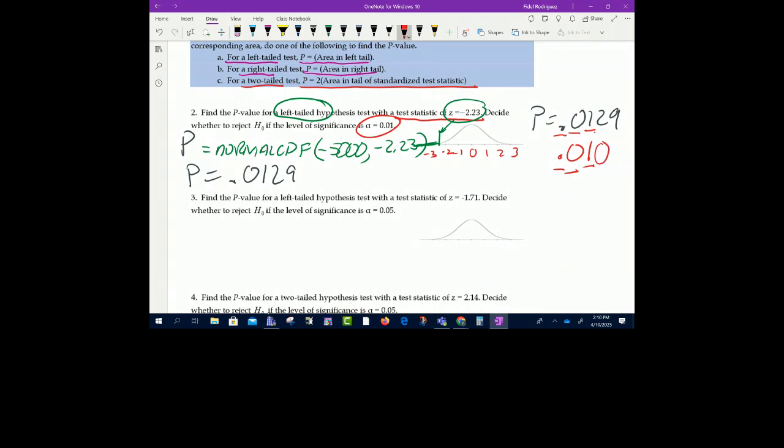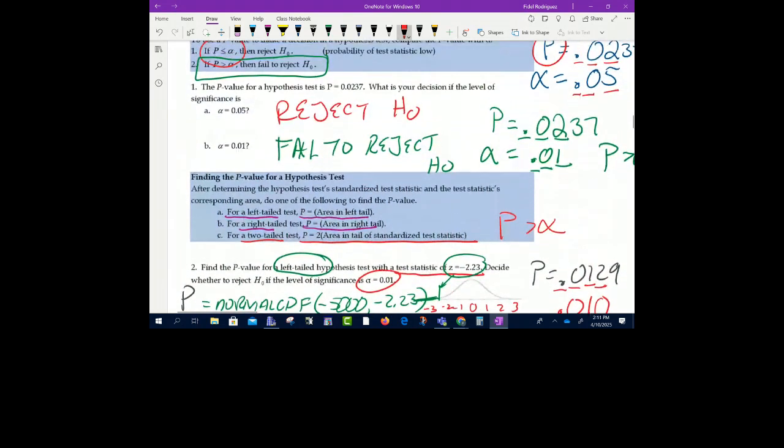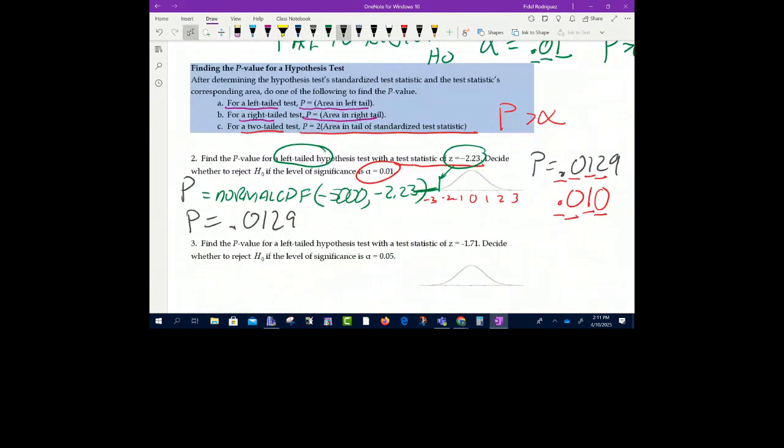Is 2 smaller or bigger than 0? Bigger. So P is bigger than alpha, right? If P is bigger than alpha, look, what does it say right up here? If P is bigger than alpha, we're going to what? Fail to reject. So right here, I'm going to say we're going to fail to reject the H0.